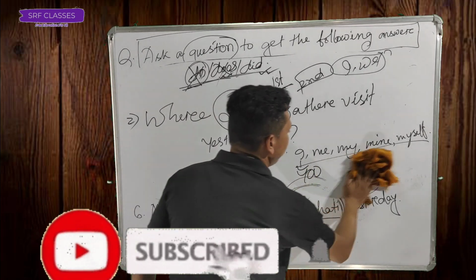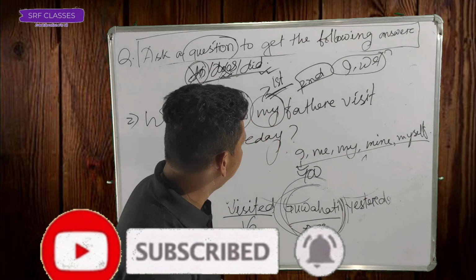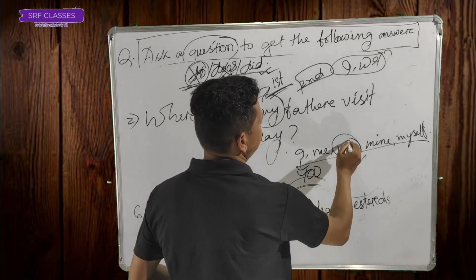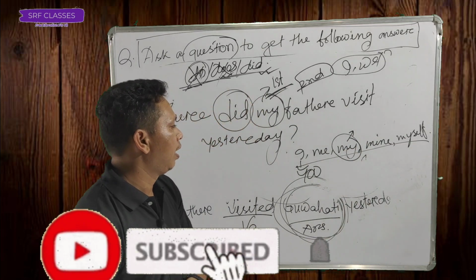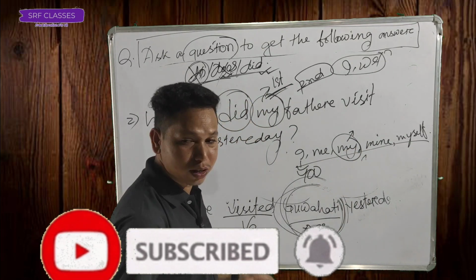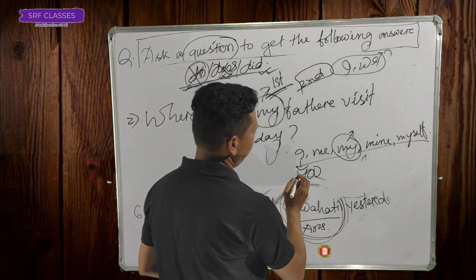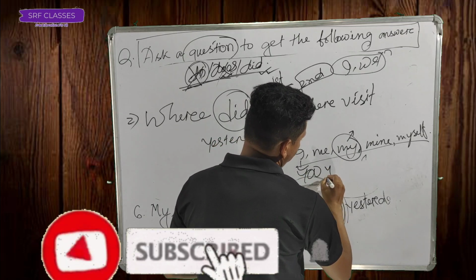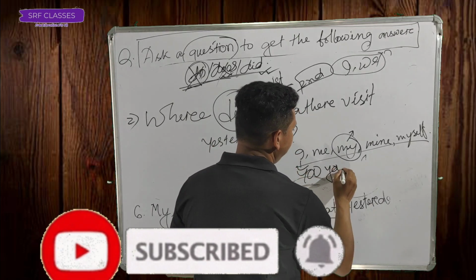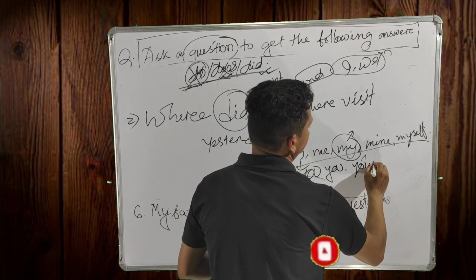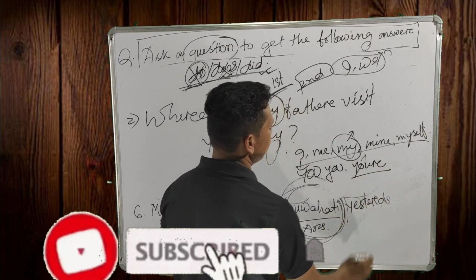But we cannot take you because we have my, which is called a possessive adjective. So we'll have to take the possessive adjective of you. You, your. So your is the possessive adjective of you.